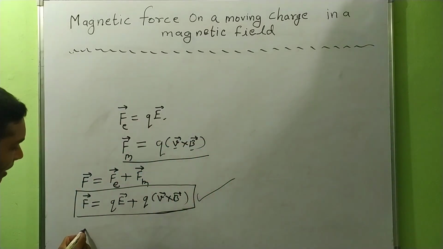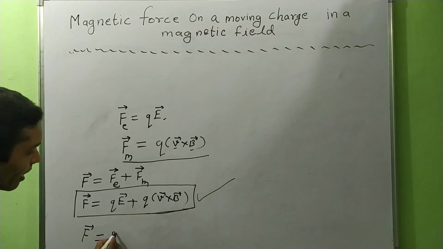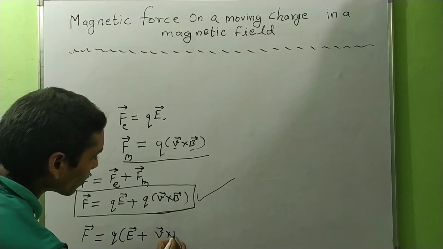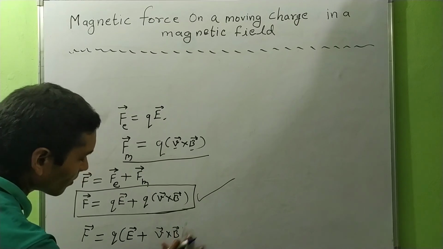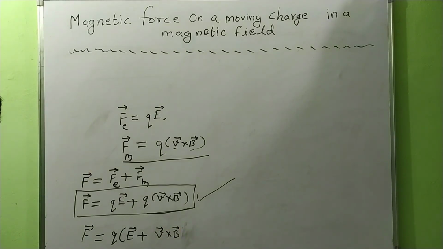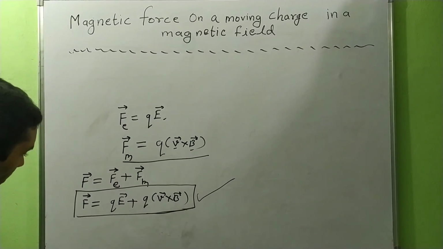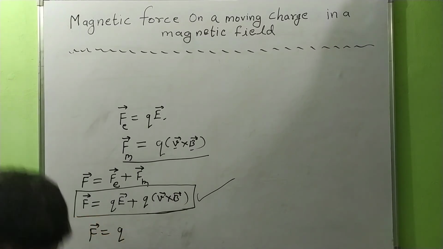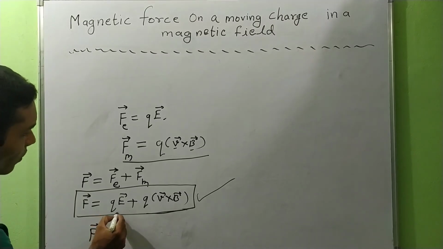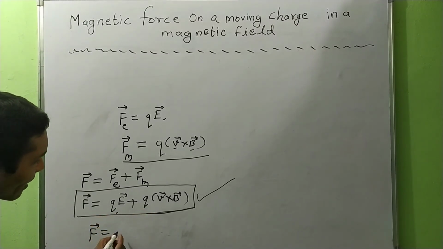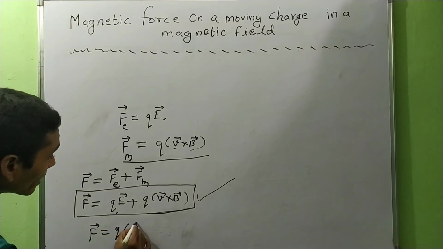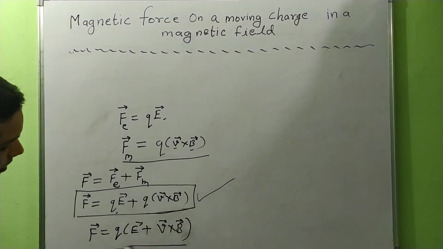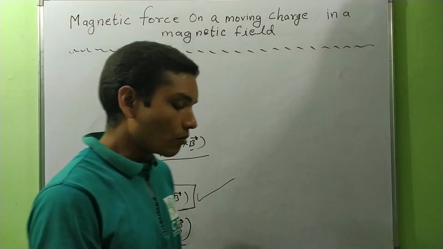This equation can be written as vector F equal to q vector E plus vector v cross vector B. Q is constant, so q can be taken as common: q times vector E plus vector v cross vector B. This is the Lorentz force acting on the moving charged particle.